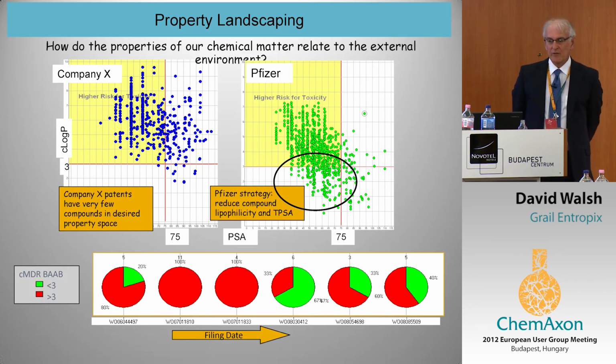And then the next task is to basically benchmark the Pfizer data sets with other companies. So how do the properties of our chemical matter relate to the external environment? How can we compare the approaches made by a particular company X and Pfizer?